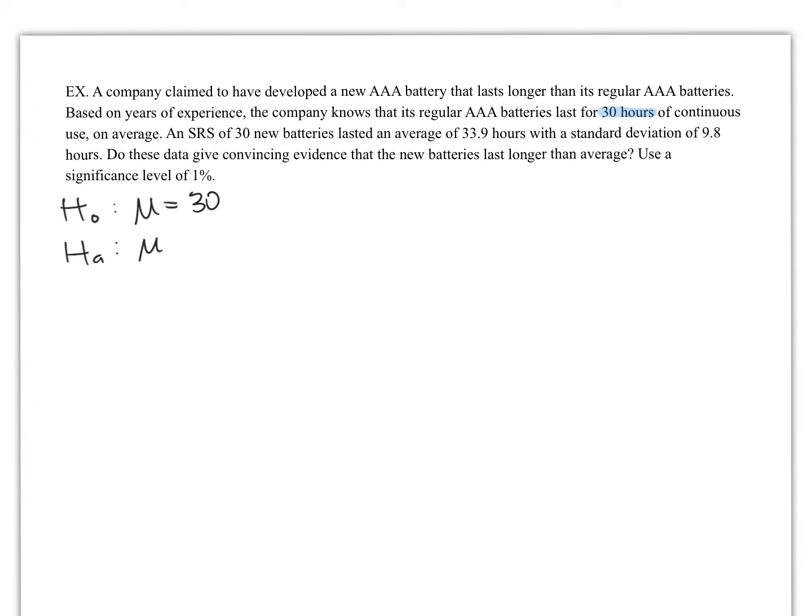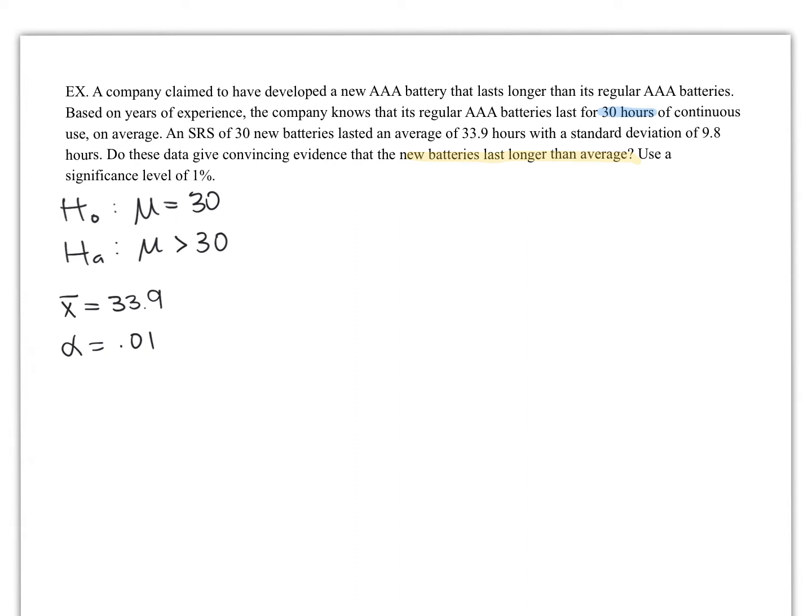For our alternative hypothesis, we look for some type of greater than, less than, does not equal terminology. So they want to know if the new batteries last longer than average. So that tells me my alternative hypothesis is going to be greater than 30. Okay. So my x bar, my sample mean, is 33.9, and my alpha, 1%, is 0.01.